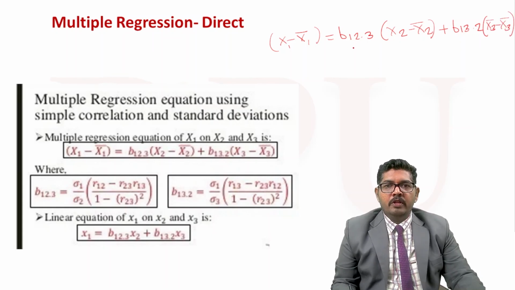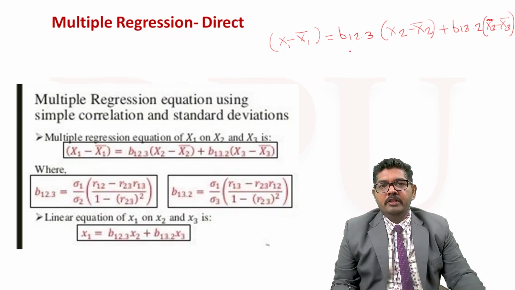Now this is the equation of x1 on x2 and x3, because x2 and x3 are independent variables, and by putting the values of x2 and x3 we are interested to find out the value of x1. That's why this is multiple regression.